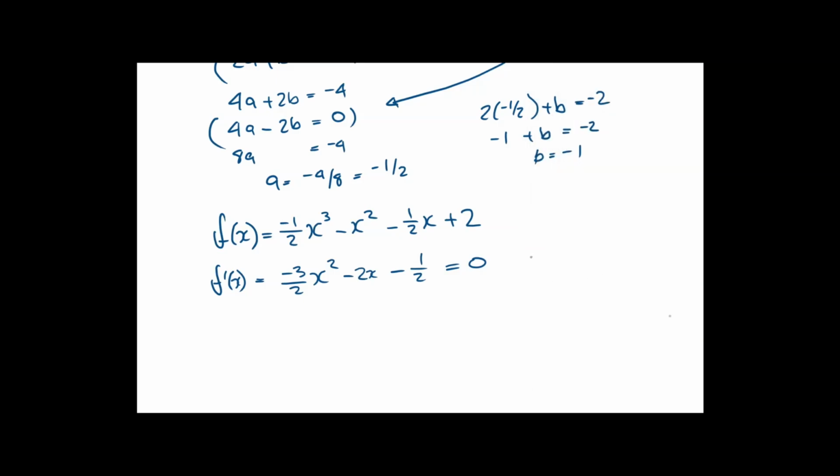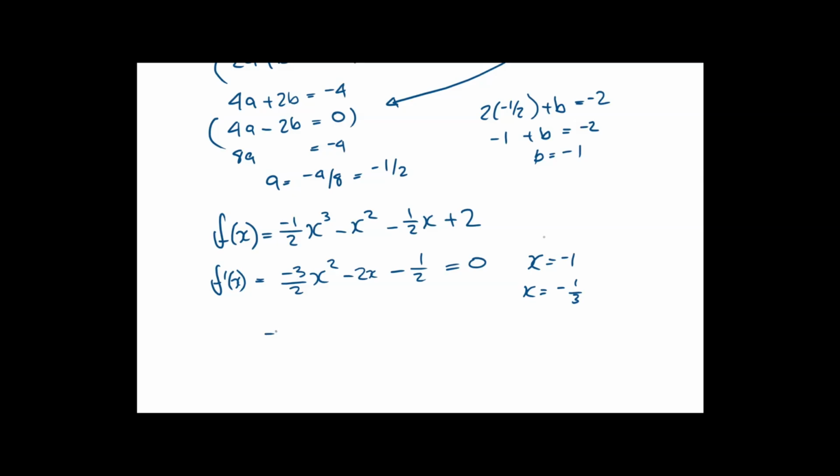So there's a minimum and maximum at x equals negative 1 and x equals negative 1 over 3. Now, we know, therefore, the x coordinates. Now we're going to come along to the original equation and we're going to put negative 1 over 3 in there. Yeah, there's no way around it.